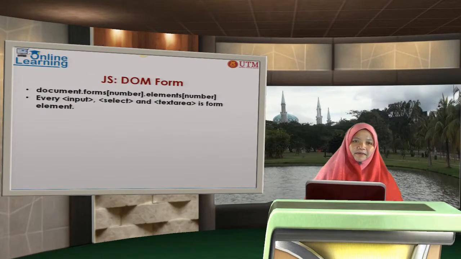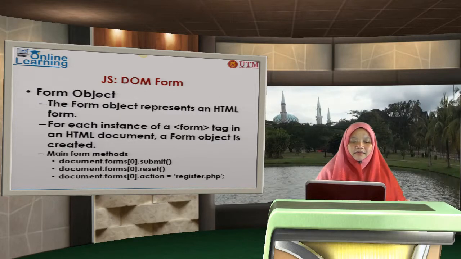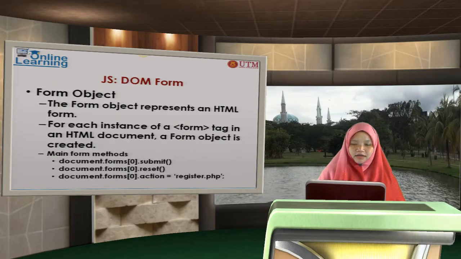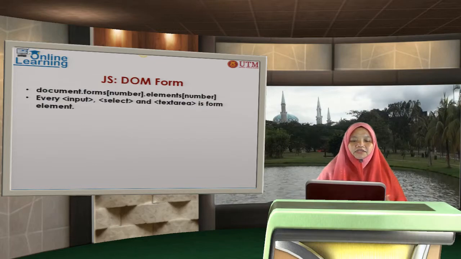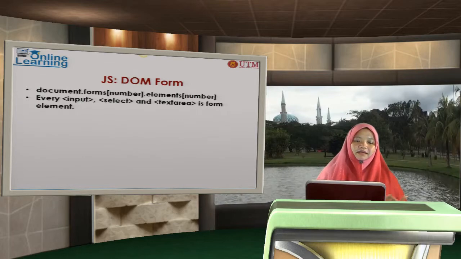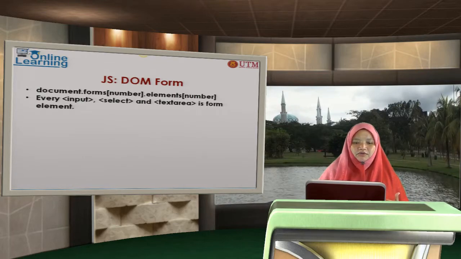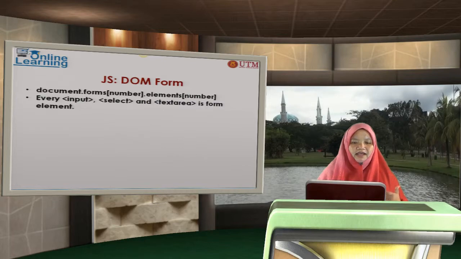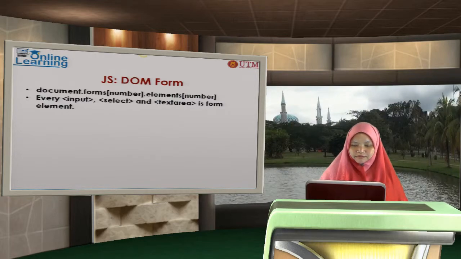Another method you can use for your main form is document.form, you number it, and then dot elements and give the number. And the last part is you have to make sure that every input, select, and text area is considered as your form elements.